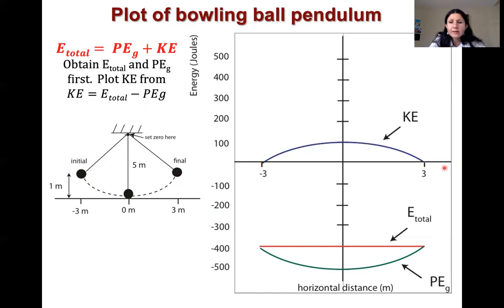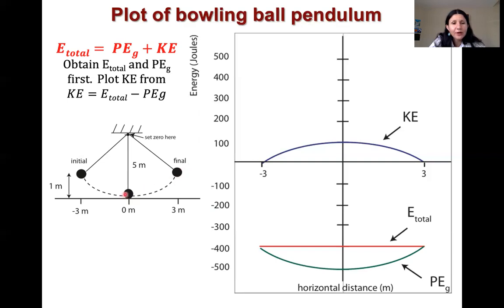these 2 points, -3 and +3, represent the maximum height. And that's exactly when the ball has reached its maximum position. It has to slow down, stop, turn around, and go back down. So kinetic energy goes to 0. Now, this location is where the kinetic energy is maximum.